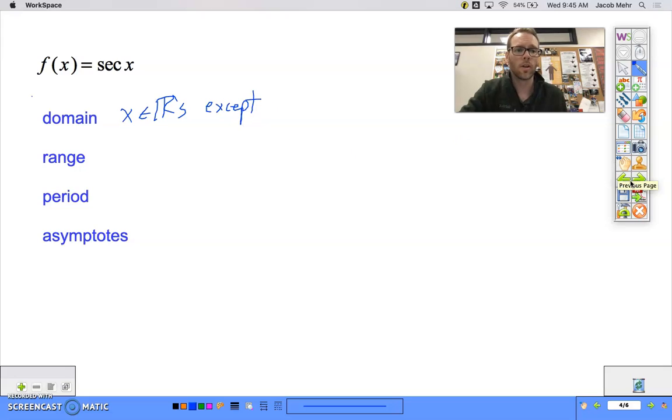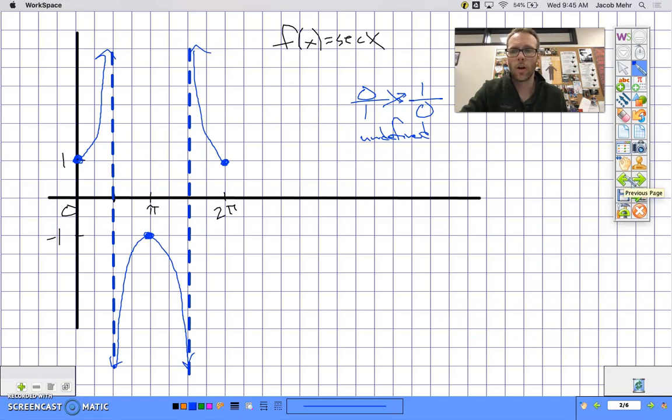Which ones aren't? Where do our vertical asymptotes happen? The first one happens at pi over 2. The second one happens at 3 pi over 2. The next one would happen at 5 pi over 2. How do we write this? We start at pi over 2, and then we have a vertical asymptote every pi. That makes sense because every pi, the cosine is equal to 0, and its reciprocal is undefined.